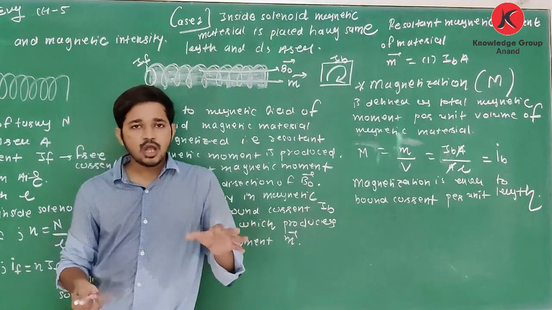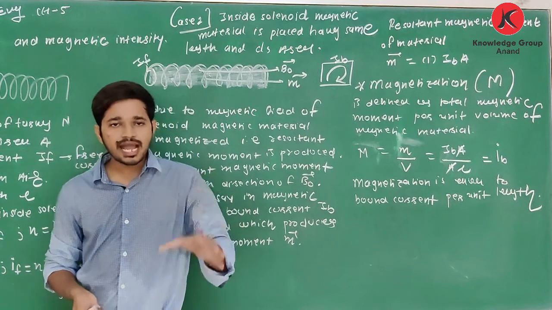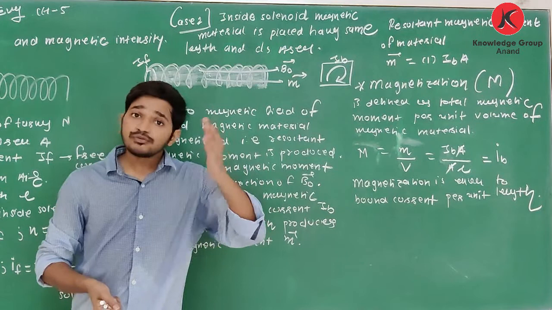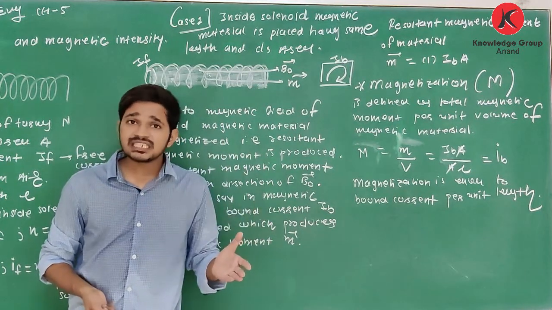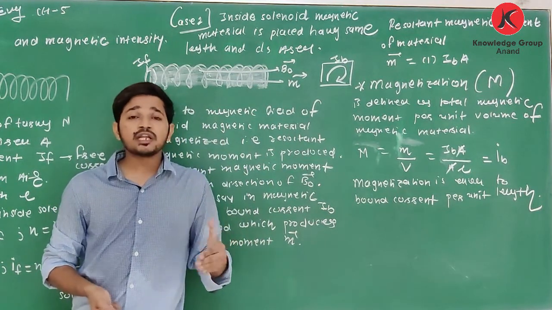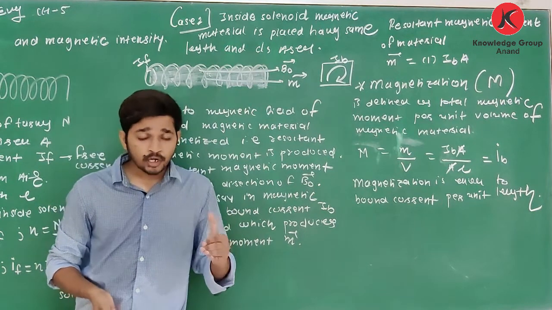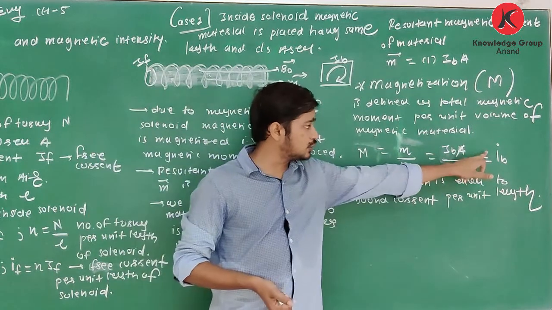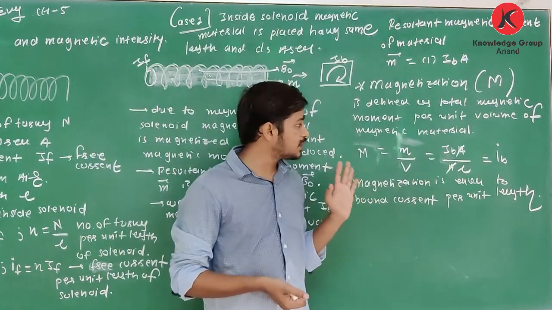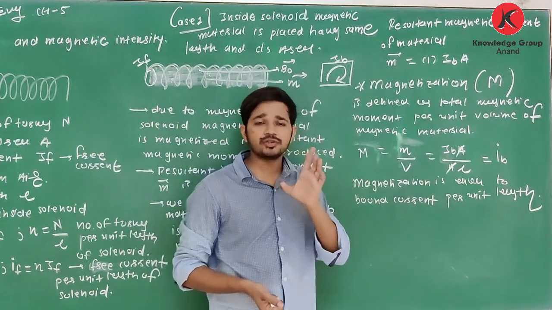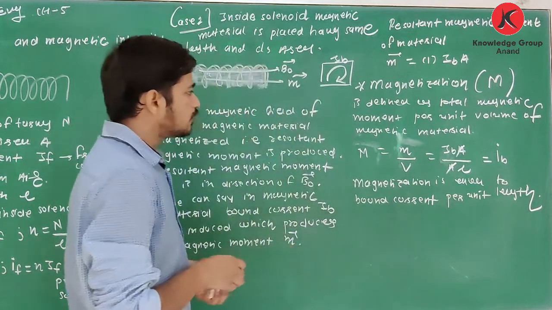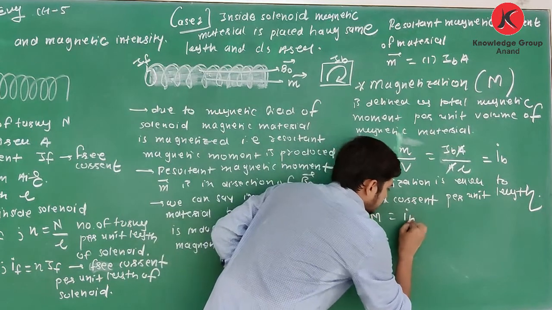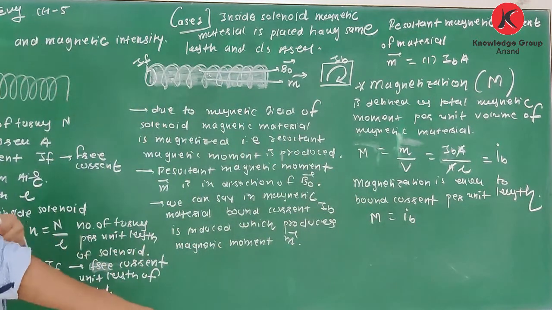Inside a capacitor, when a non-polar or polar dielectric is placed, it is polarized. Free charge density, bound charge density, do you remember? Polarization P is equal to sigma B. The similar result we have here. Magnetization is equal to bound current per unit length. So you have to remember this equation, M is equal to small ib.